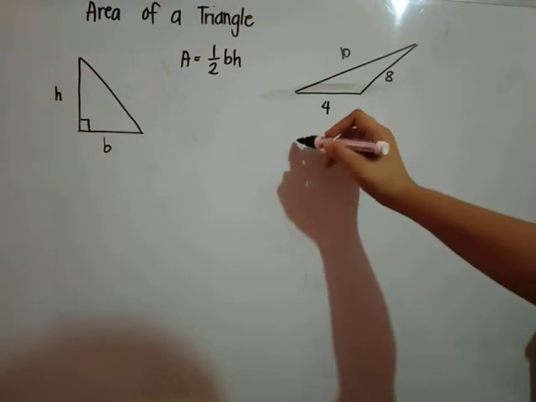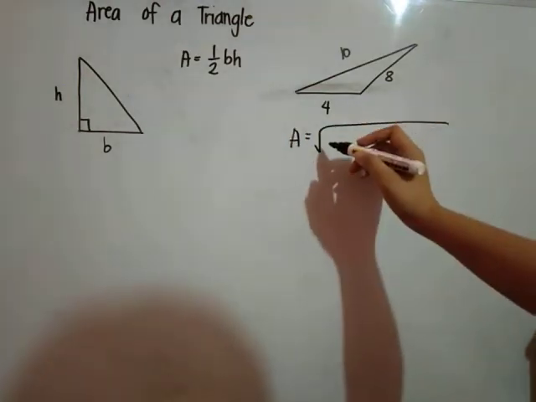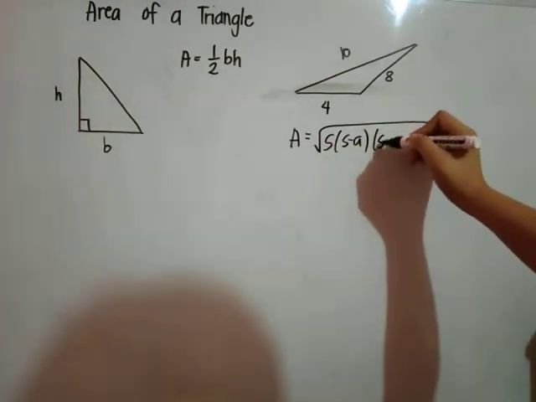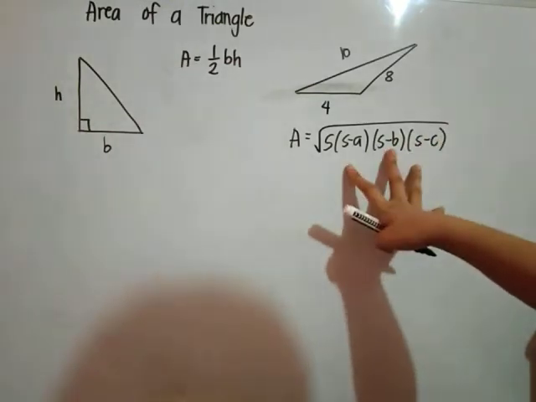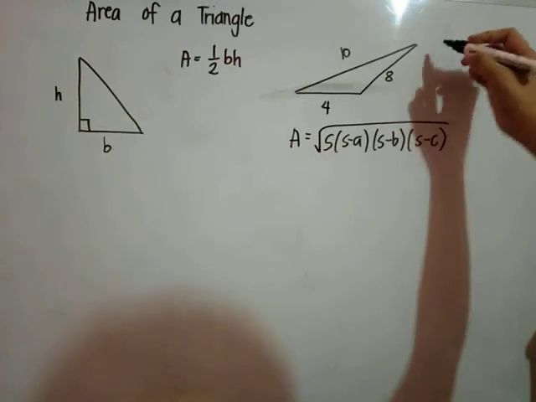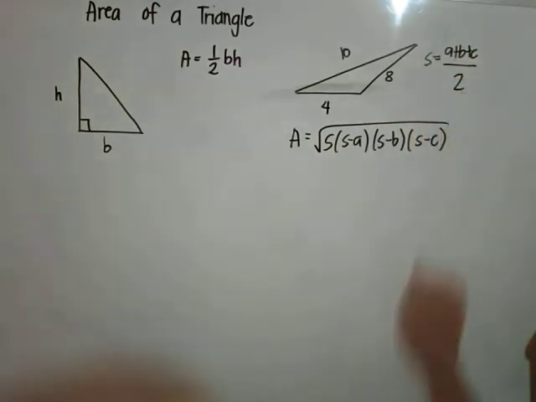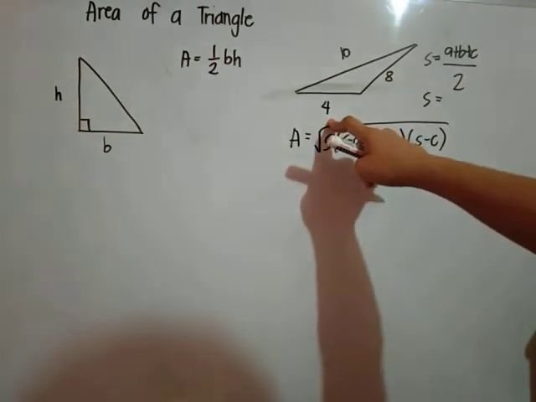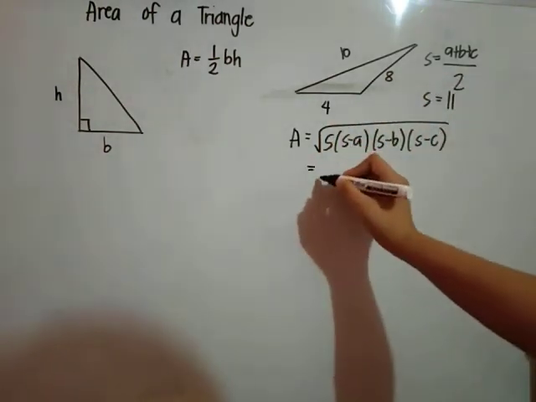By Heron's formula, kapag given yung lahat ng side ng triangle mo, you can use this formula wherein yung S natin is the half ng perimeter, A plus B plus C divided by 2. Therefore, yung S natin dito is 10 plus 8, 18, and then 22. So, we have 11.